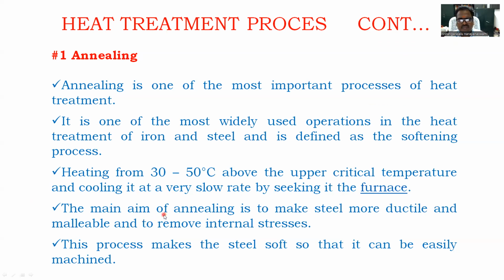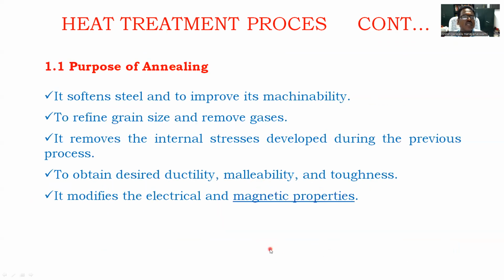The main aim of annealing is to make steel more ductile and malleable and to remove internal stresses. This process makes the steel soft so that it can be easily machined. The purpose of annealing is to soften steel, to improve machinability, to refine grain size, and to remove gases.